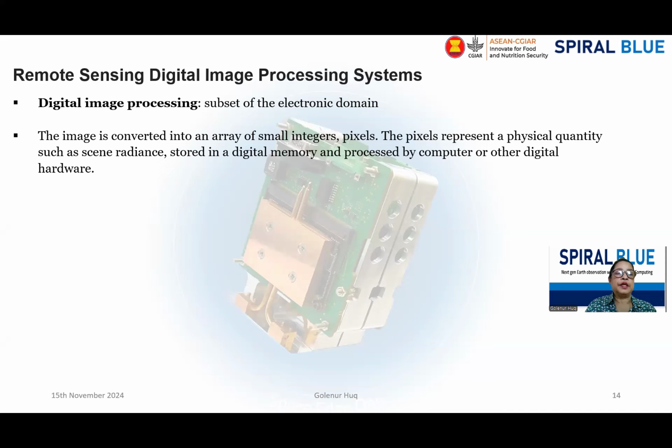Okay, and the image is converted into an array of small integers. That means pixels, and the pixels represent a physical quantity such as scene radiance, and it is also stored in digital memory and processed by a computer or other hardware.